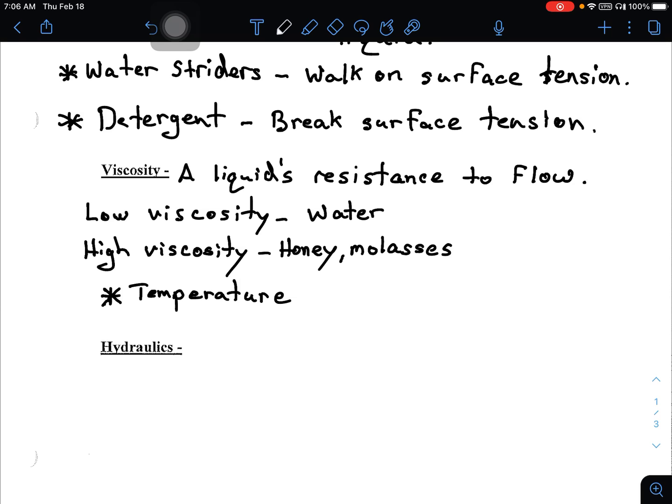Maybe you can do it by taking the container and just kind of submersing it in warm water. If a substance is hot or warm, its viscosity is going to be lower. It's going to flow easier, so the viscosity goes down. If a substance is cold, then its viscosity is going to be higher.